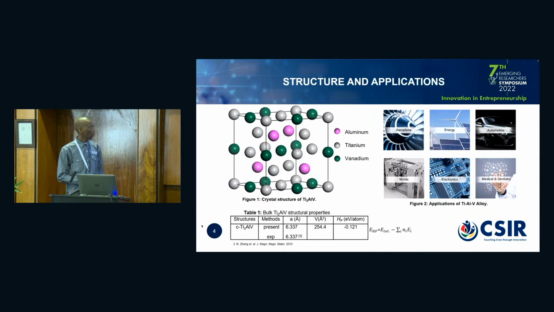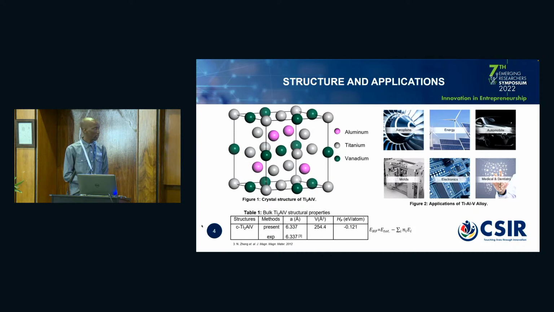Going furthermore, here I want to show the crystal structure of titanium 2 aluminum vanadium. Then we first determine the thermodynamic stability of the phase using the equation to calculate the heat of formation, using the equation over there.